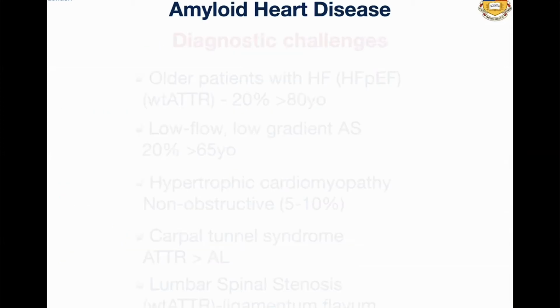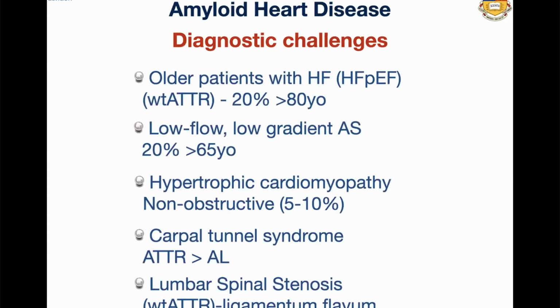Older patients we now face, more than 80 years of age, 20% of those who have heart failure with preserved ejection fraction may have wild type TTR amyloidosis. Low flow, low gradient aortic stenosis: look at the numbers, 20% of those over 65 may have amyloid.